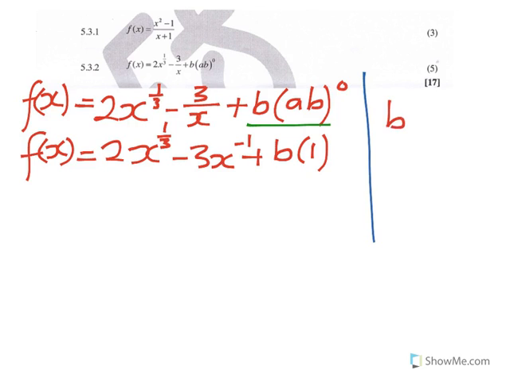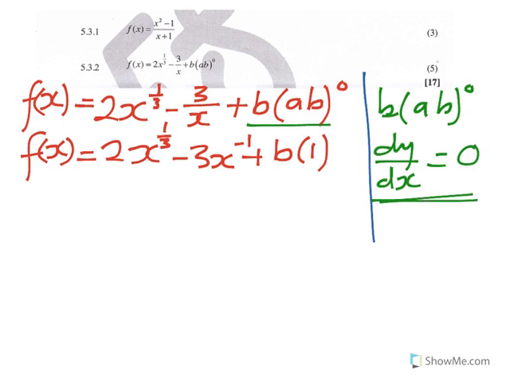So even this b, let me use a different pen, this b to the power 0, whatever the case, when you find dy over dx, all this will just become 0. So in as much as I'm saying b times 1, well, I'm simplifying, but at the end of the day, it is a 0. This is a 0 because it does not have an x.